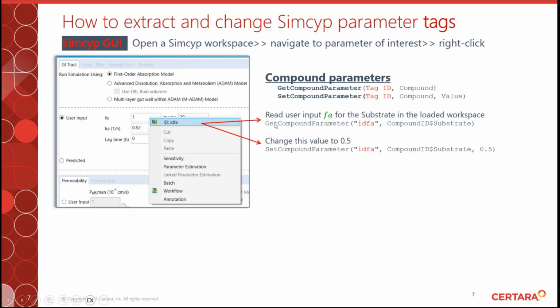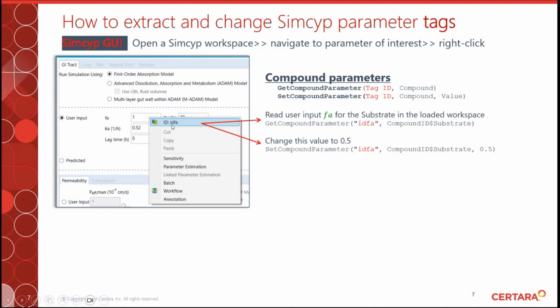An example is what we can see down here. The first part, like I said, is the tag ID. To know what the tag ID is for the parameter, the best way to do this is go into the Simcyp graphical user interface. Once you go into the Simcyp graphical interface, you will need to navigate to your parameter of interest, and then you right-click on this parameter.